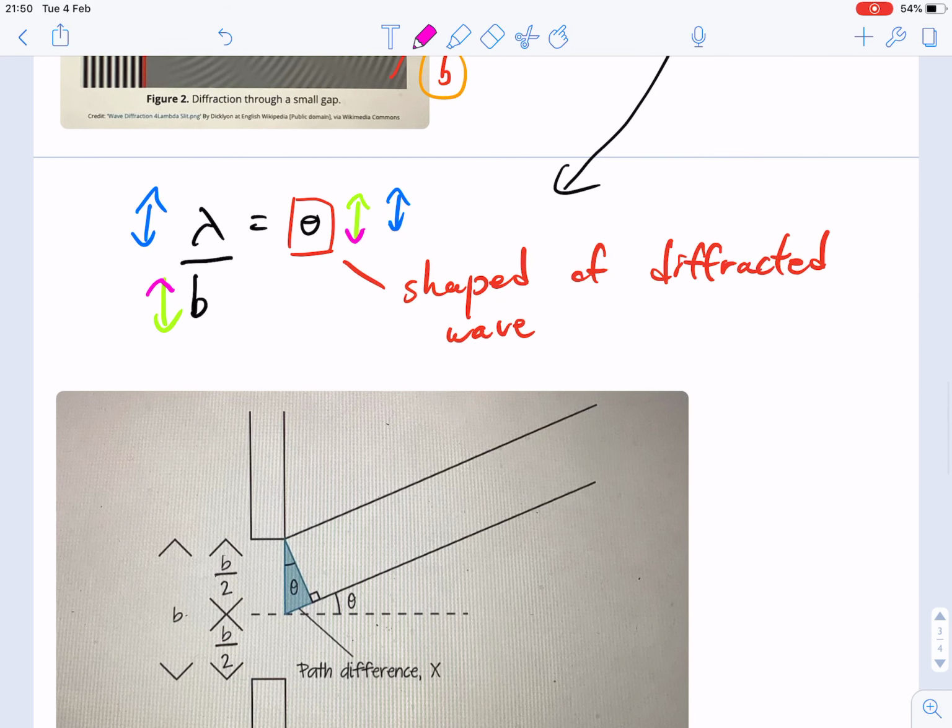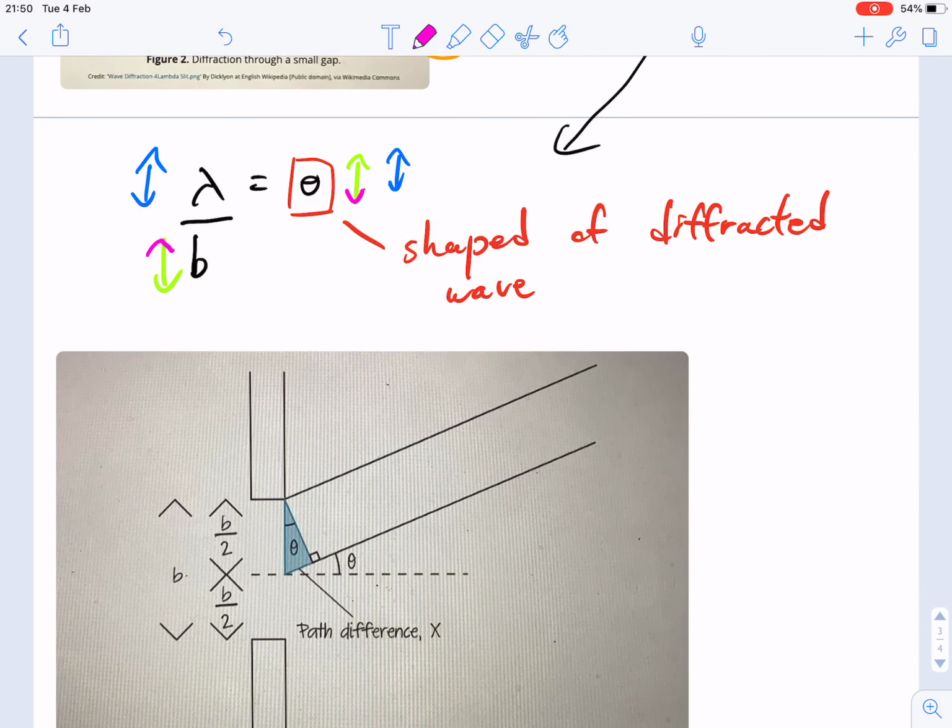And this formula is usually better presented in this current format right here, where the wavelength and the angle increase and decrease proportionally to each other. And B, or the width of the slit, and the angle have an inverse relationship. So what that means is if we have a very small slit, we have a very large angle. And if we have a large slit, we have a smaller angle.